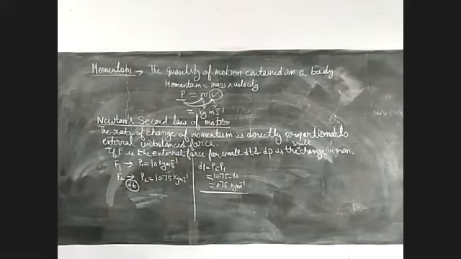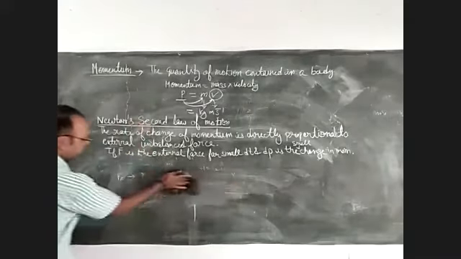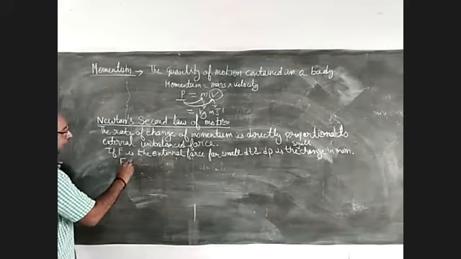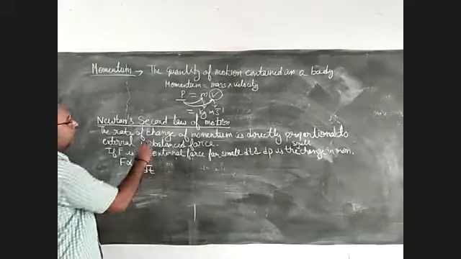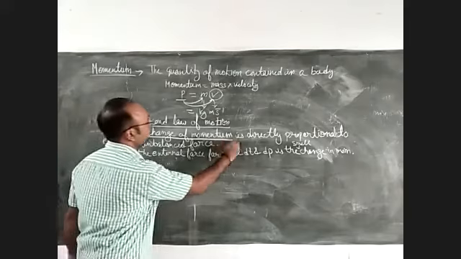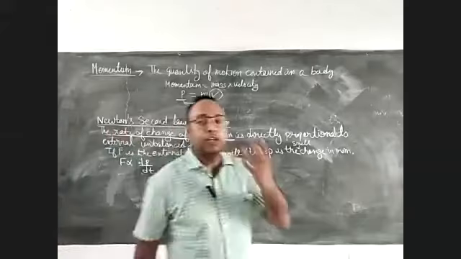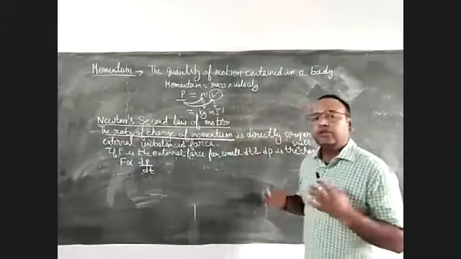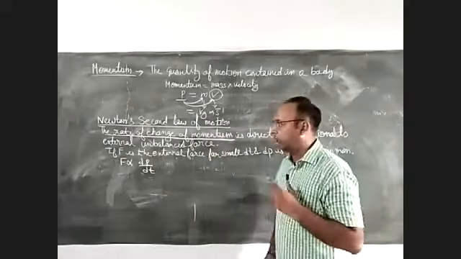So how can I write Newton's second law? Let's see. dp is the change in momentum for small time dt. According to Newton's law, force is directly proportional to the rate of change in momentum. Rate of change means whenever we use the rate of change of any physical quantity, we are dividing this change by time. This is the meaning of rate.